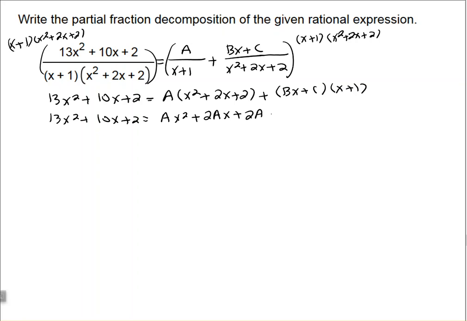And then use FOIL or the distributive property on the right hand side, or for the second multiplication here. So bx times x, bx times 1, and then distribute the c times x, and c times 1.